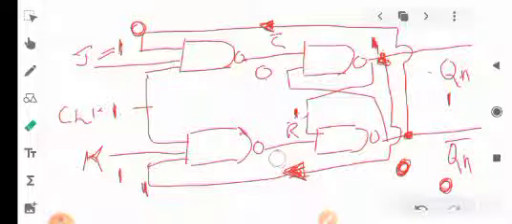So next we are getting 0 complement as 1 here, and here we are getting 0. This 1 complement makes the output 0. Then 0 into 0 makes the output as 1.